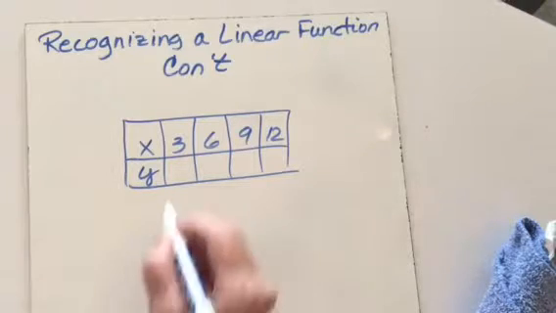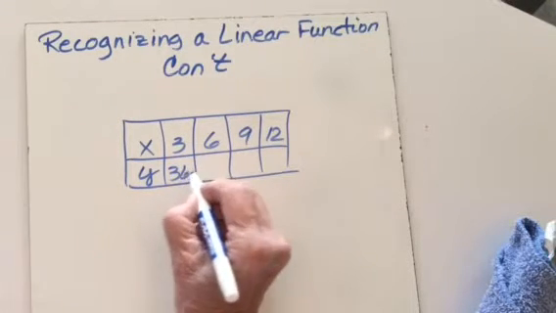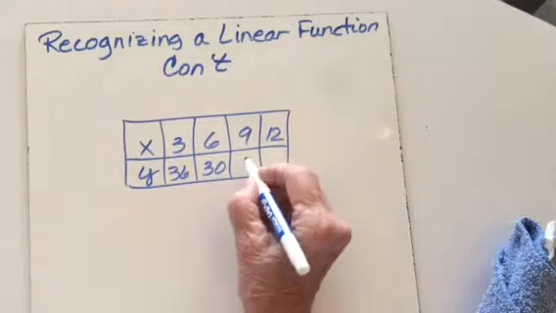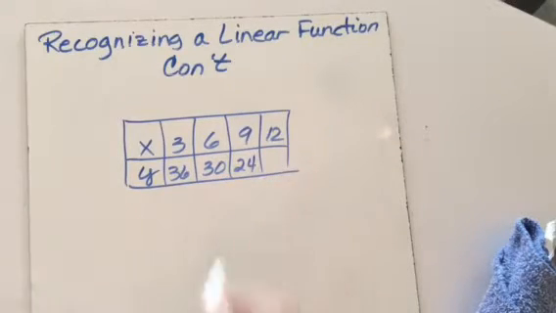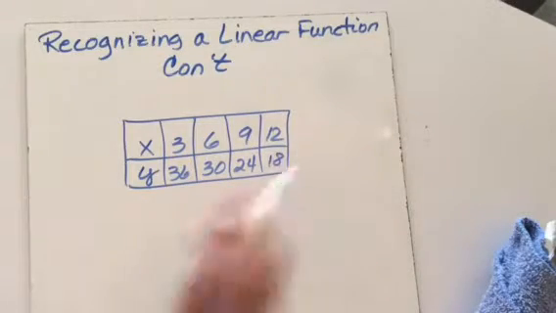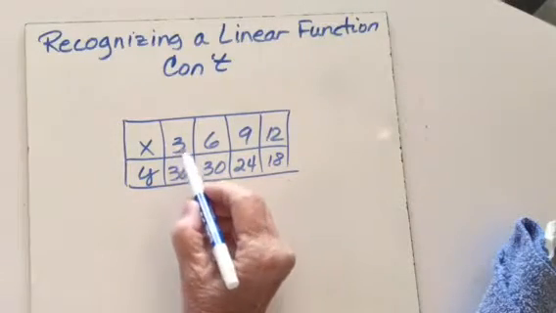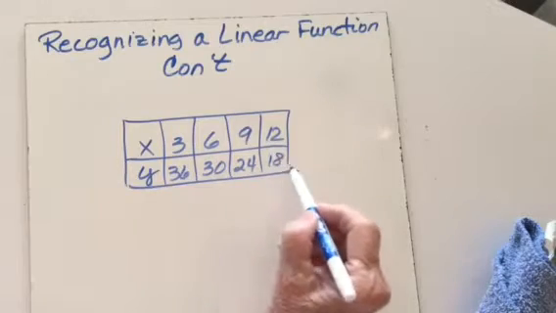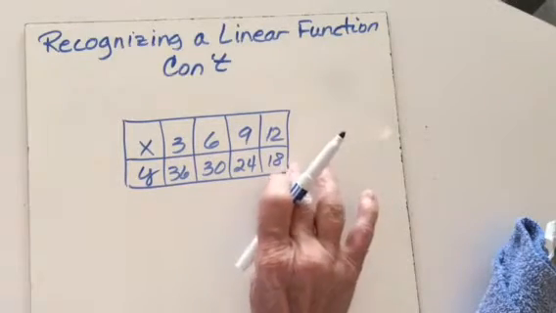And for our Y values, we have 36, 30, 24, 18. Now, for every X, we just have one Y, so we are going to assume that is a function.